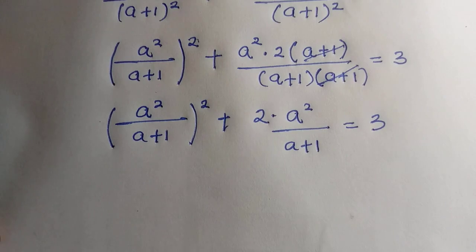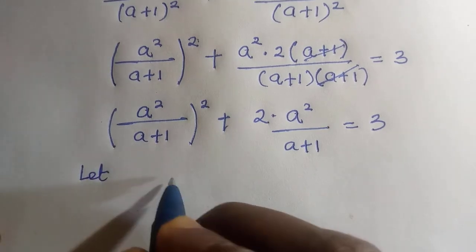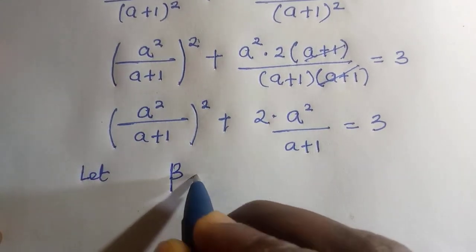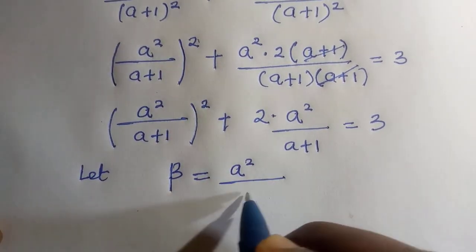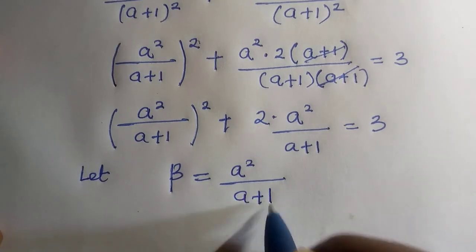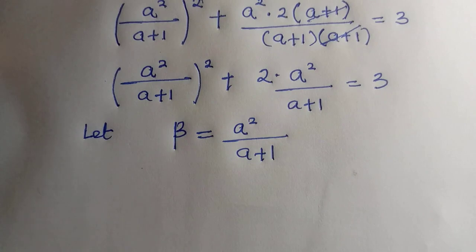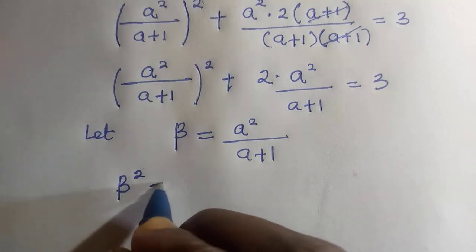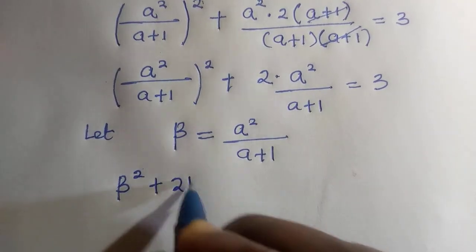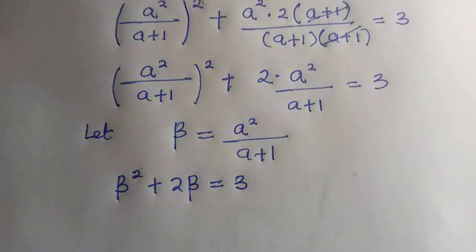It means we can just try to replace it as, suppose we let beta equals a squared divided by (a plus 1). So anywhere we see a squared over (a plus 1), we are going to replace it with beta. Then we have beta squared plus 2 beta, then everything equals 3.